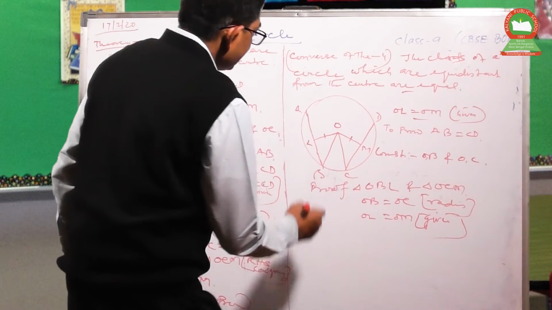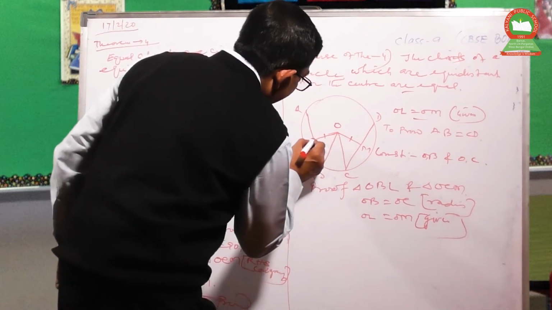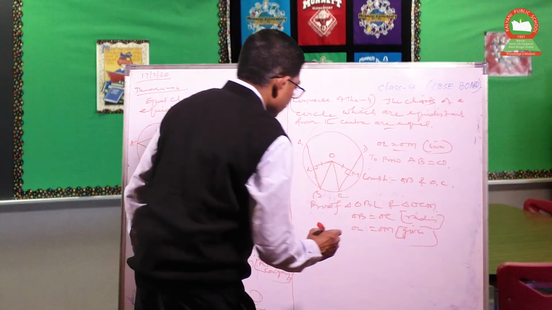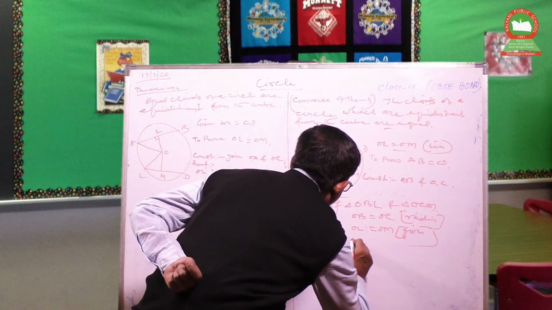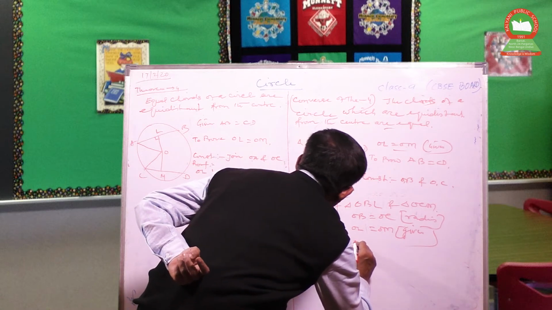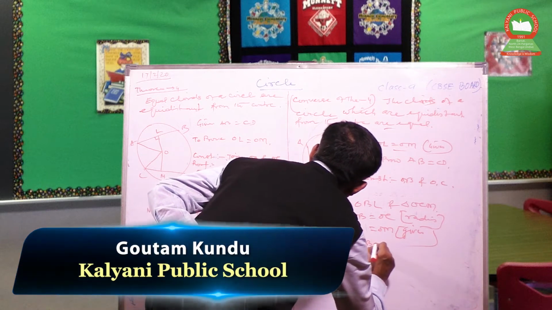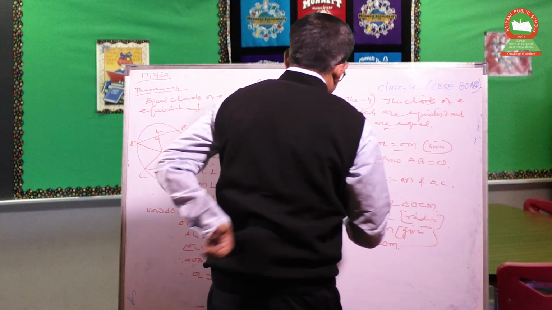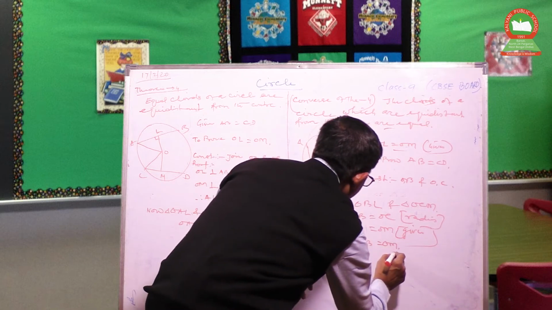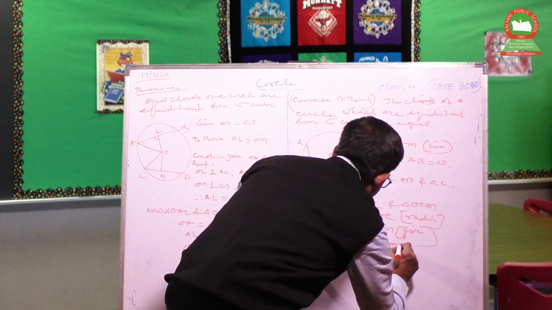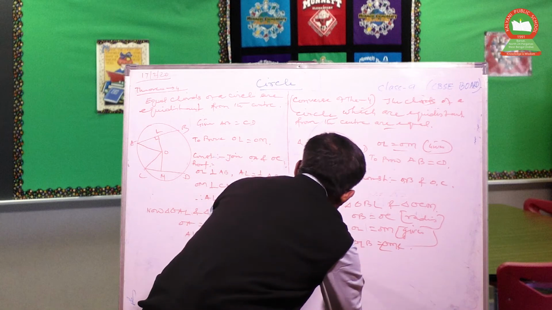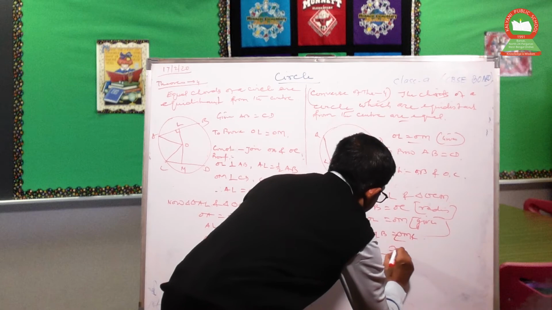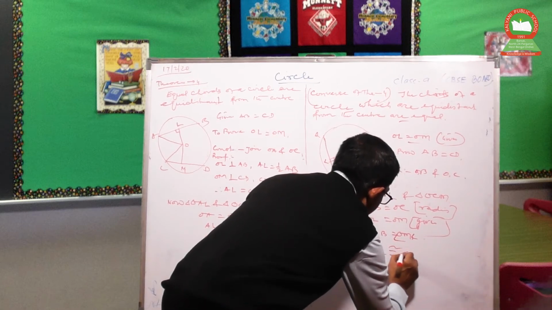And this is perpendicular to this, so angle OLB equals angle OMC. Therefore, triangle OBL is congruent to triangle OCM.